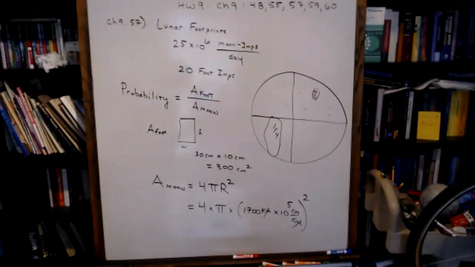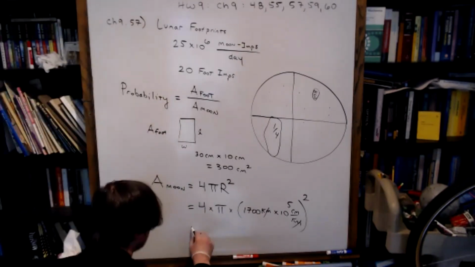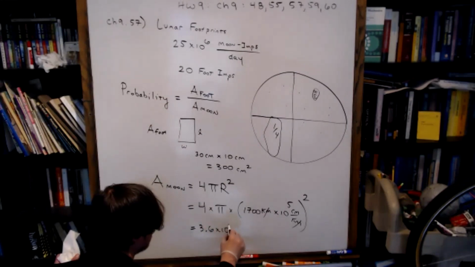And you can plug it into your calculator, 1700 EXP 5 if you want. What do you get? 3.6 times 10 to the 17. Units? Centimeters squared. Yep.